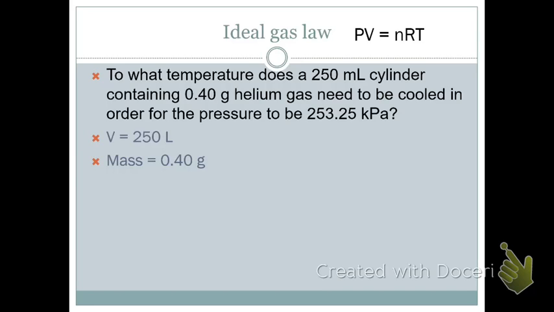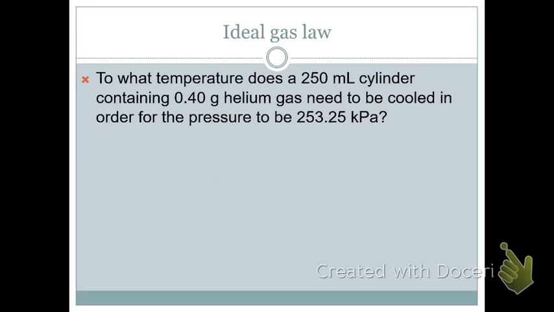This needs to be changed. Mass is 0.4 grams. Pressure is 253.25 kilopascals. R is 8.314.